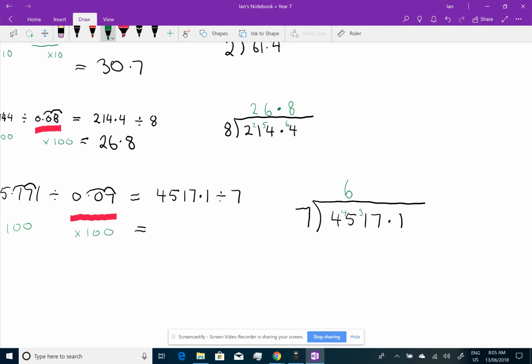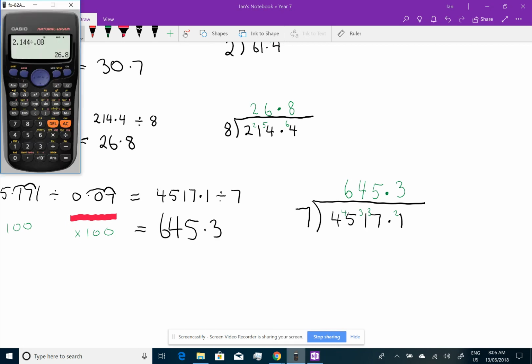Well, 4 sevens are 28. 28 to 31 is 3 left over. 7 into 37, well, that's 5 sevens are 35, which will leave me 2 left over. I'm going to put the decimal point in now for place value. 7 into 21, that goes 3 times. So I think my answer is 645.3, but I'm going to check.